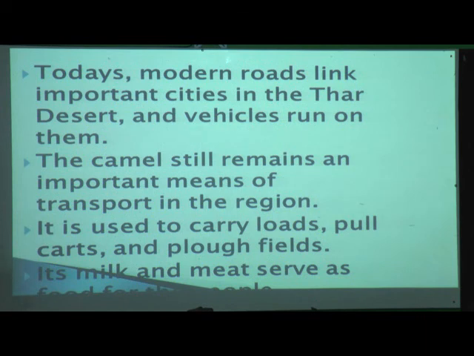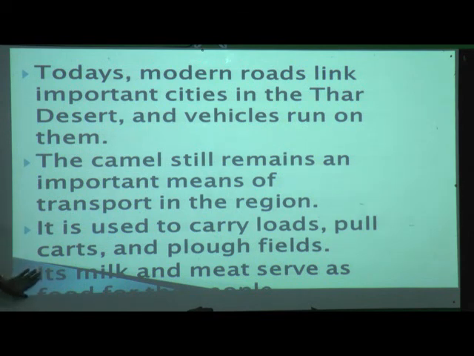Whatever things we give, it will carry, like baskets, dresses, whatever it may be, the load. And pulling carts, as a bullock cart is there, like that it pulls carts and ploughs the field also. In Rajasthan, we have to plough the field for cultivation, correct? Here camels are used to plough the field, and camel milk is also important.